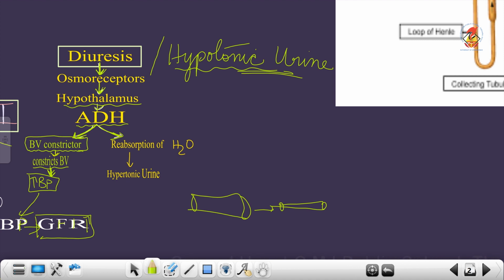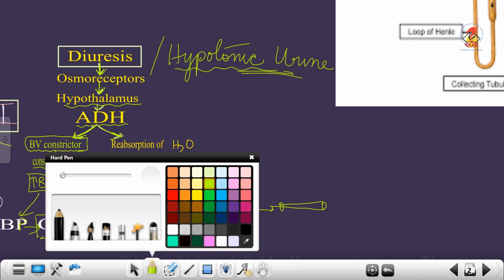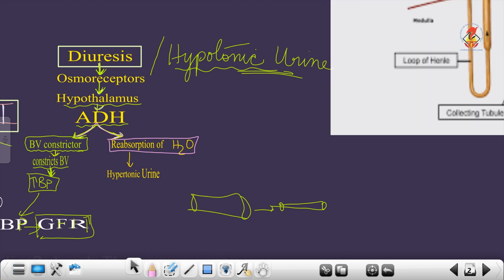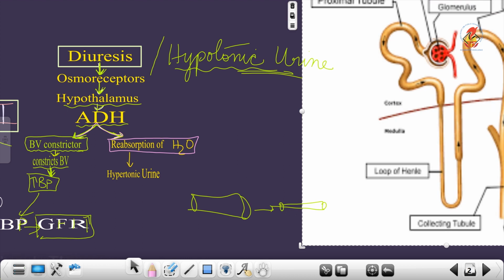Not only that, I bifurcated here, indicating that it has a two-fold effect. ADH helps in the reabsorption of water. We know at which points of the nephron water is being reabsorbed.